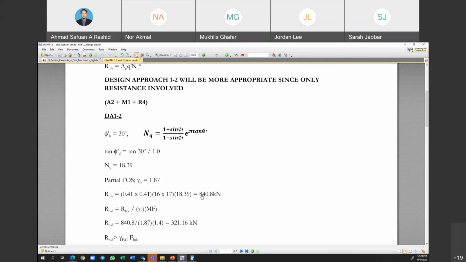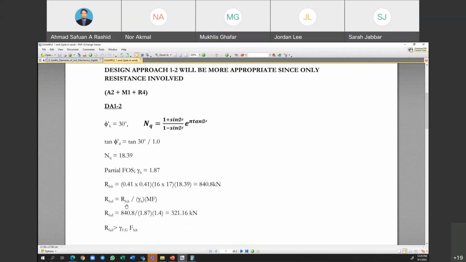So the value is 840.8. Then this 840.8 divide with 1.87 and then multiply with the model factor which is 1.4. So then we obtain 321.16. So that is the Rb of the base.